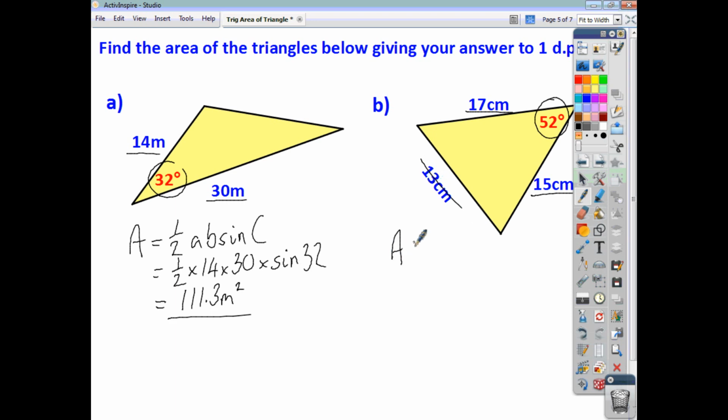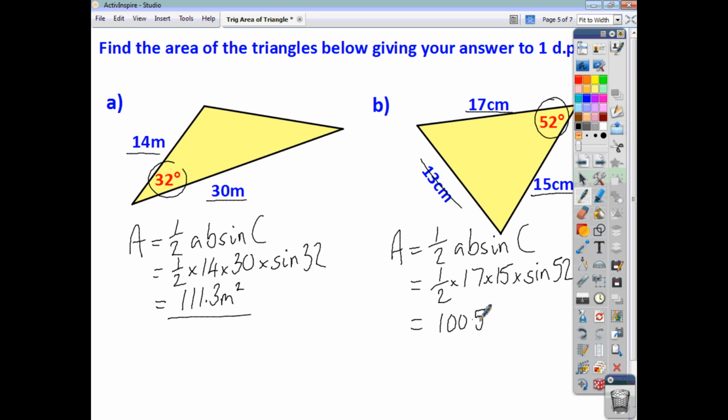So our area is half AB sine C. That's a half times 17 times 15. The order of the sides doesn't matter, remember, because you're multiplying them, and you're multiplying it all by sine 52. Work that out, and you get an answer of 100.5, and your units are centimeters squared.